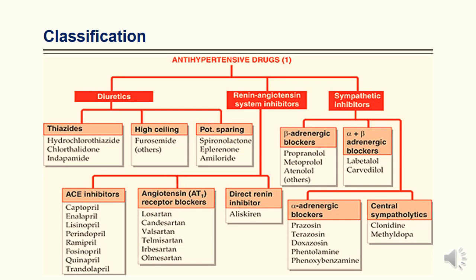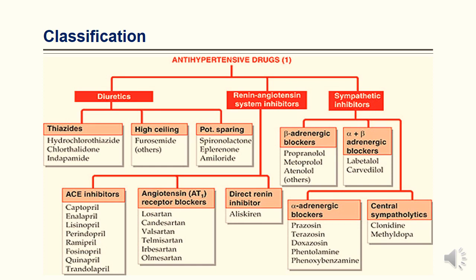Now move on to the direct renin inhibitor. The direct renin inhibitors consist of a single drug, aliskiren. Aliskiren is a selective renin inhibitor, and it directly inhibits renin and thus acts earlier in the renin-angiotensin aldosterone system than angiotensin converting enzyme inhibitors or angiotensin receptor blockers.